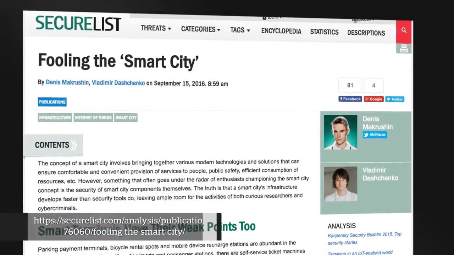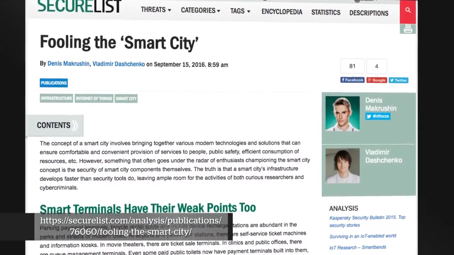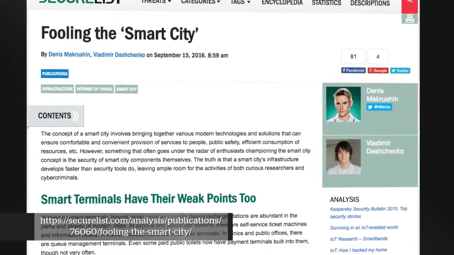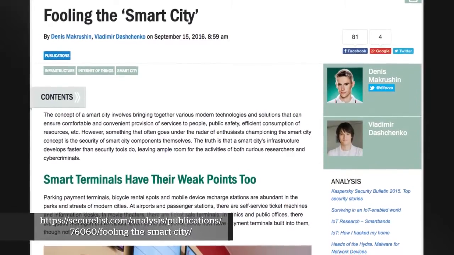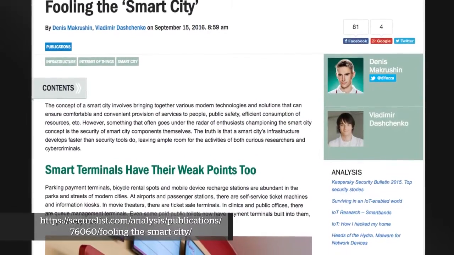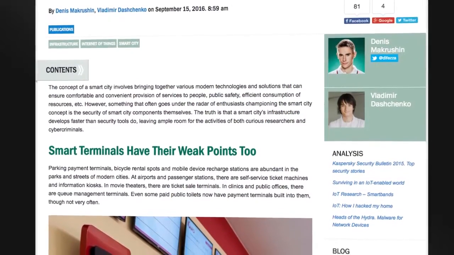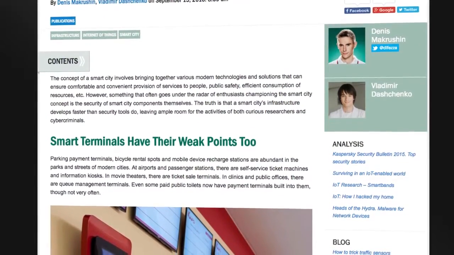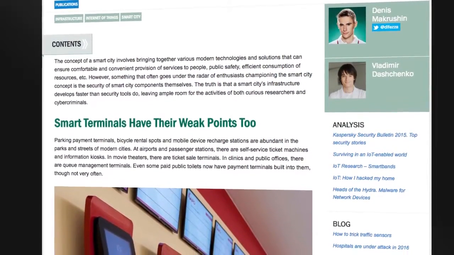This story I picked up is from SecureList, and they looked at smart terminals associated with smart cities: parking meters, bike rental kiosks, movie ticket terminals, and, though it's rare, some cities even have smart meters on public restrooms. They're not your average IoT device, but they have some of the same characteristics.